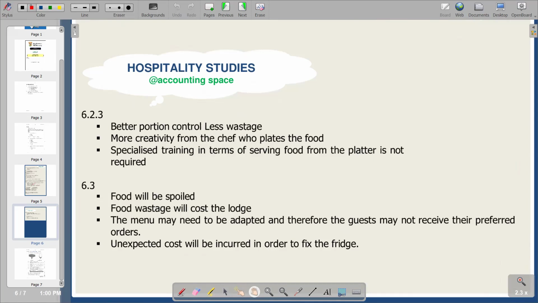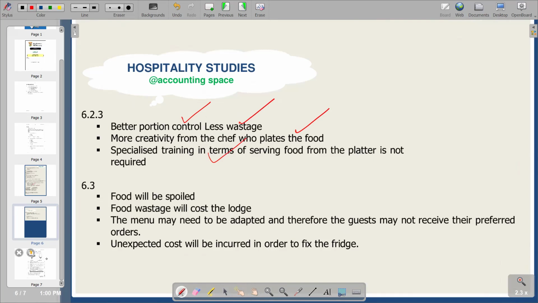Here we are just saying this is a point of better portion control. We have also a point of less wastage. And then more creativity from the chef who plated the food, another point. Specialized training in terms of serving food from the platter is not required. That's another point. So we see that we have got 4 points there.